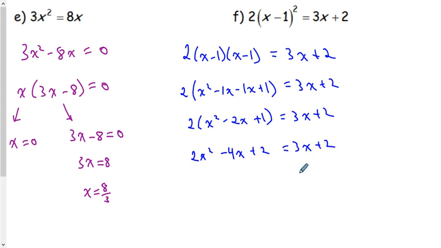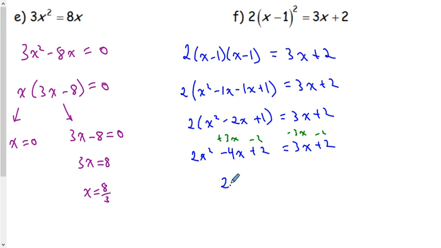Okay, we're off to the races now, but we need all this to equal 0, right? Or it's not going to work. So let's subtract 3x from both sides and subtract 2 from both sides.